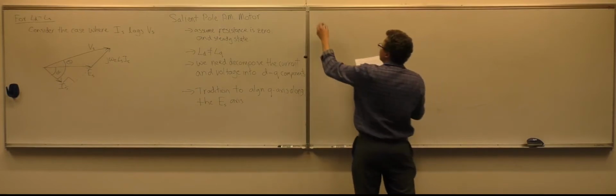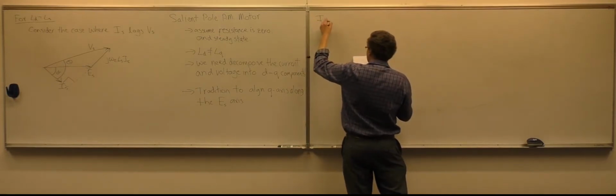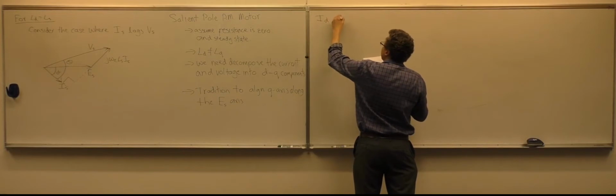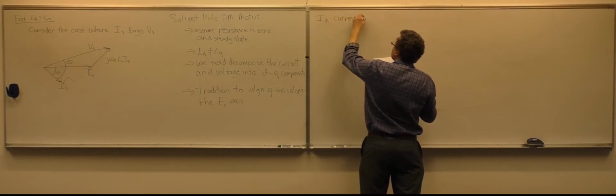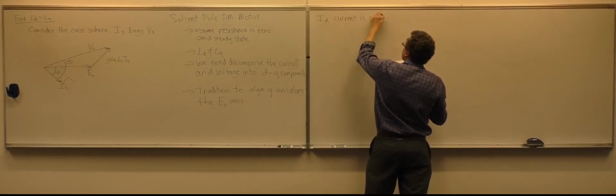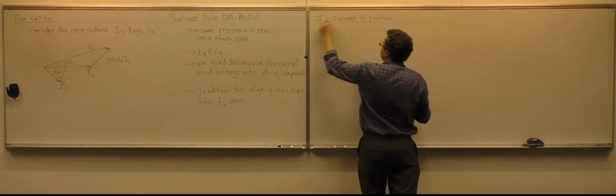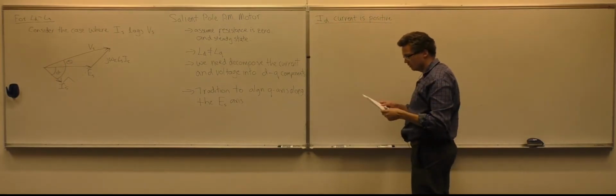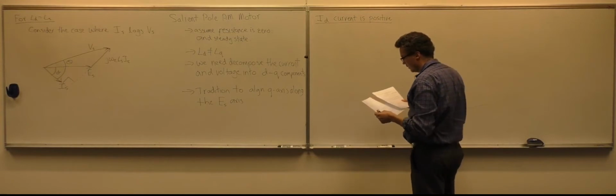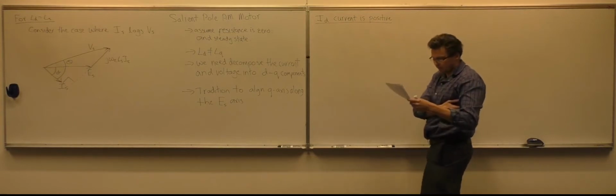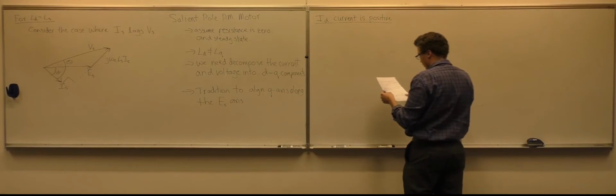And so if we assume that the ID current is positive first, I'll show this. I'll draw it for a negative as well, and then it'll make some sense. So let me just draw this.